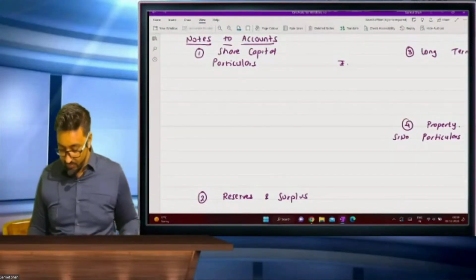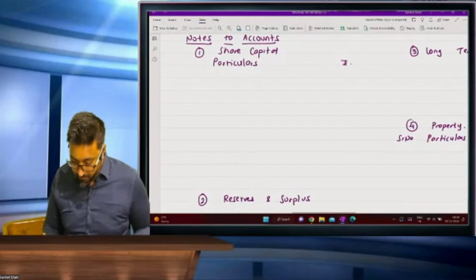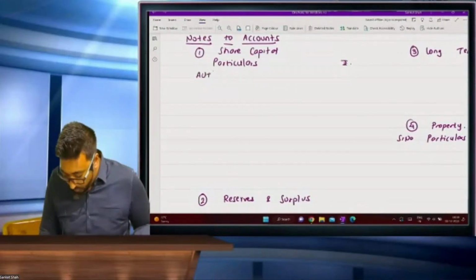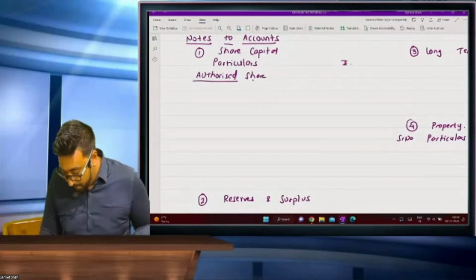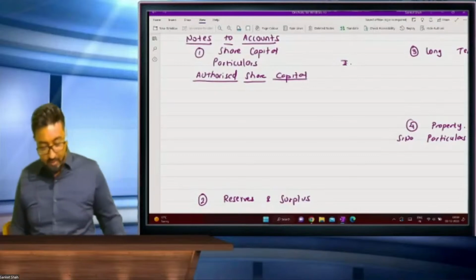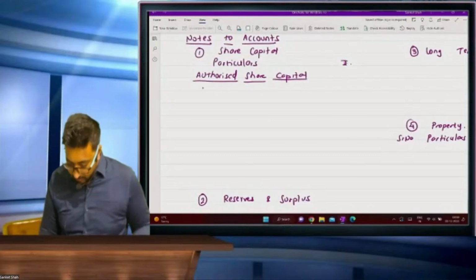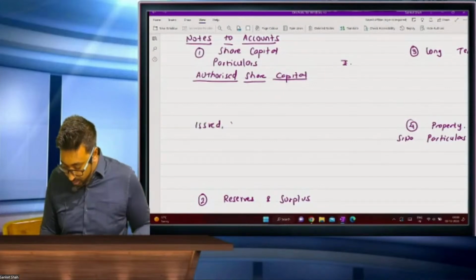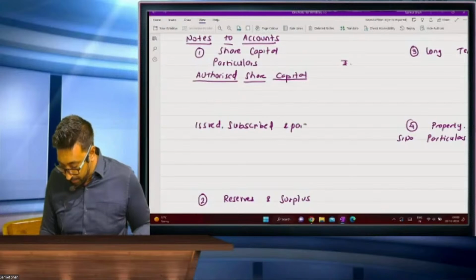Share capital, authorized share capital. Authorized share capital. After three lines, issued, subscribed, and paid up capital.